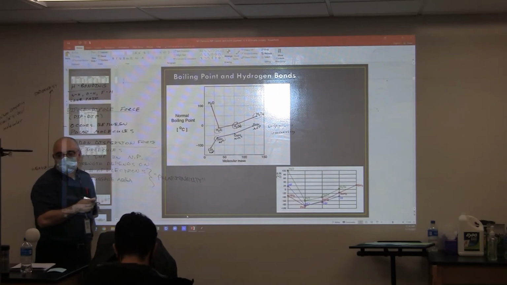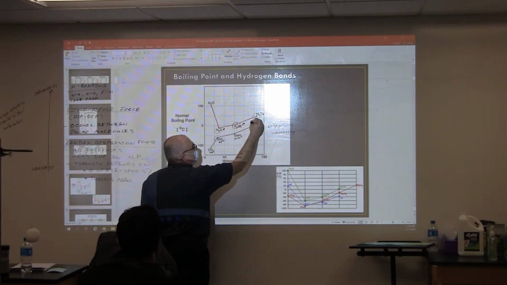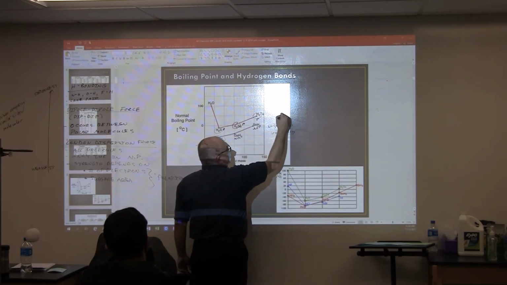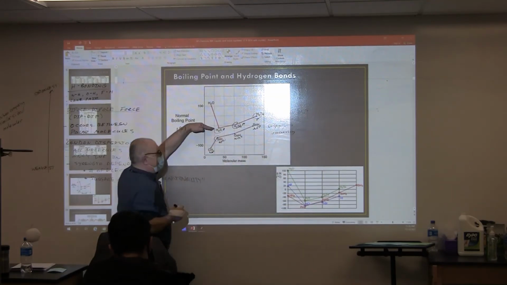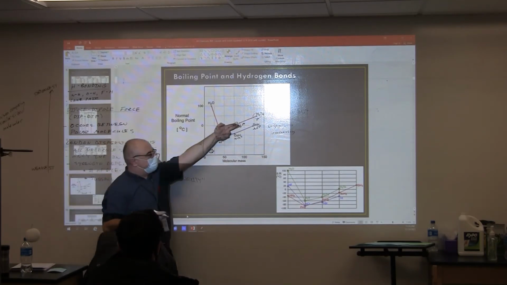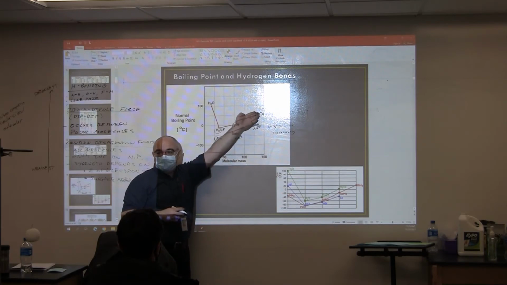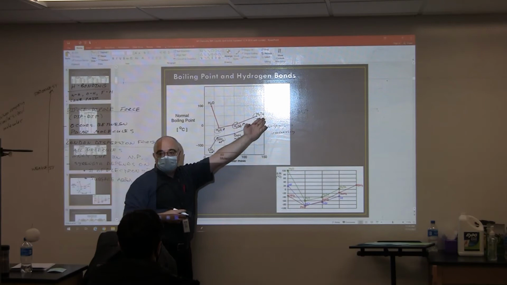Say it. They're polar. Because these are all polar, these have dispersion, but they also have dipole-dipole. That makes the total intermolecular force between these stronger than these. But do you see how they still follow a pattern of increasing with more molar mass? That's due to the increase in dispersion.